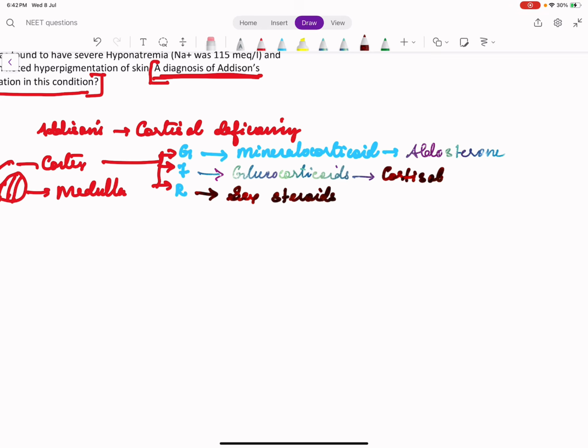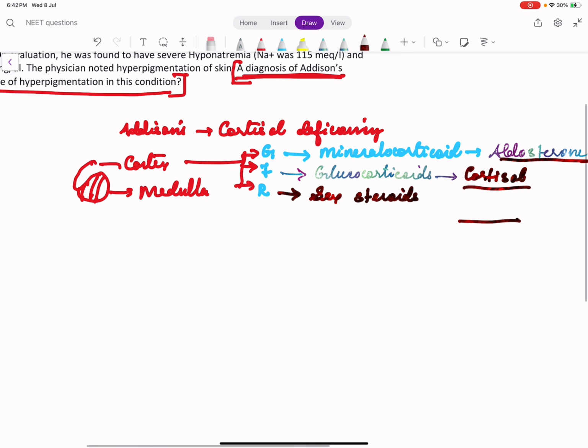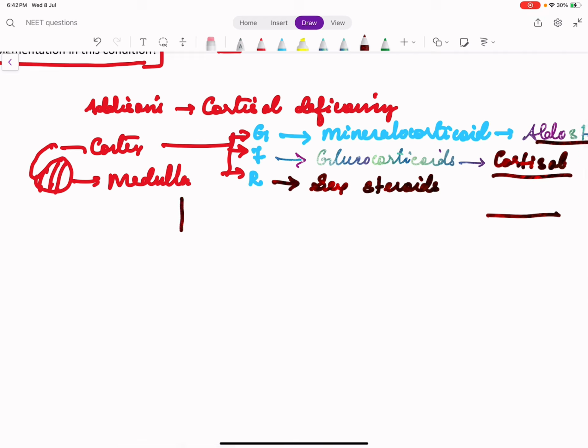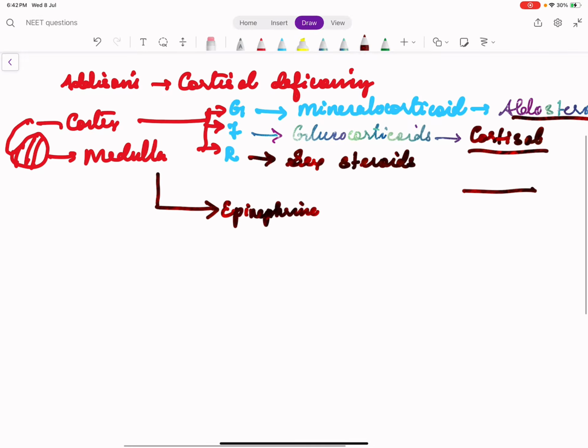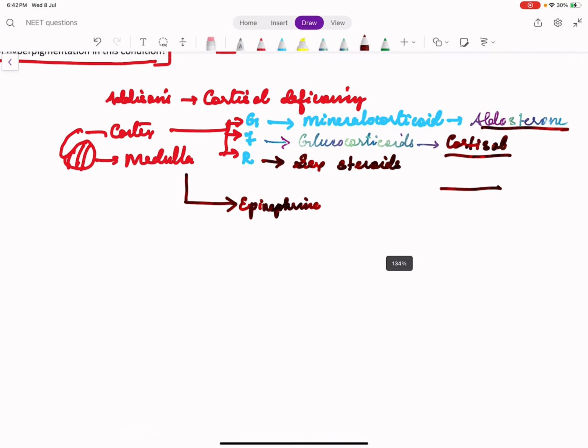And every hormone is associated with a particular disease. Okay. And the medulla of the adrenal gland secretes epinephrine. Okay, adrenal medulla secretes epinephrine.